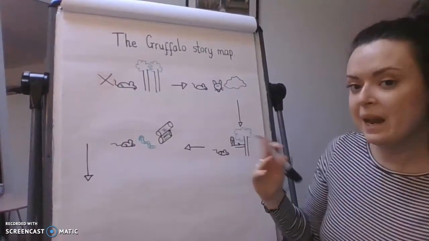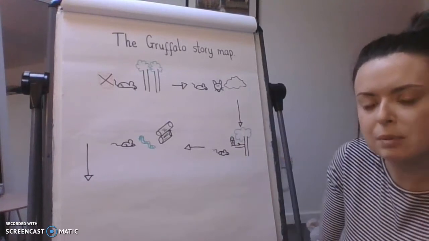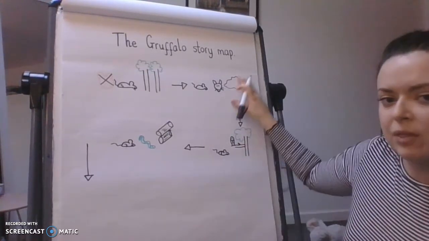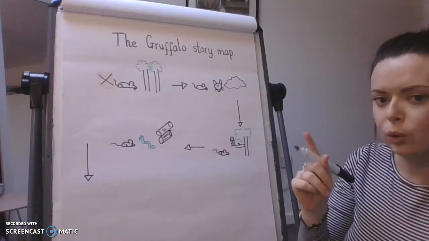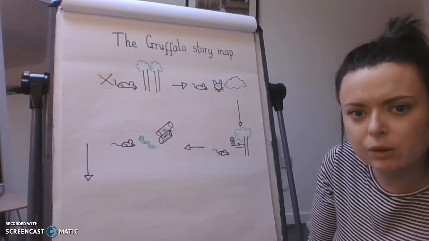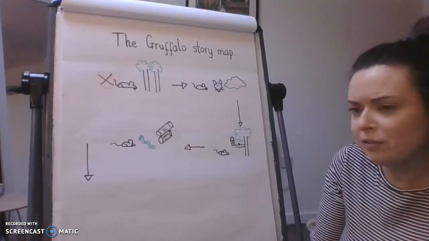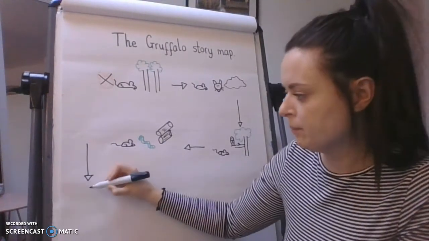So then, moving on to our next part, who can remember what happens next? So we've met the fox, the owl, the snake. Who does the mouse meet now? It is the Gruffalo. So I'm going to attempt to draw a Gruffalo really quickly.